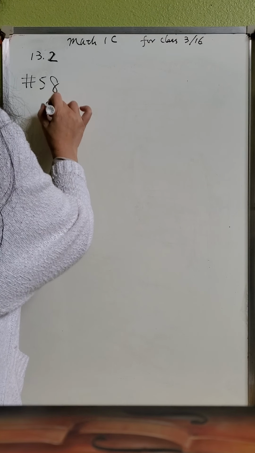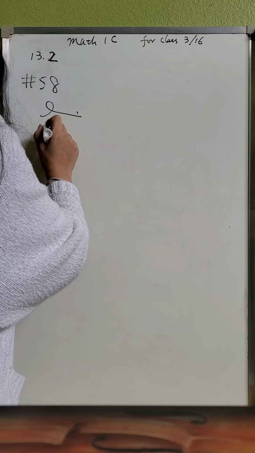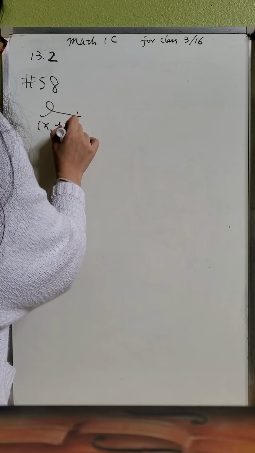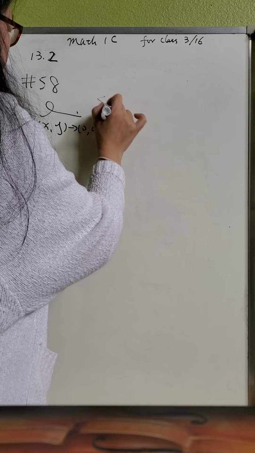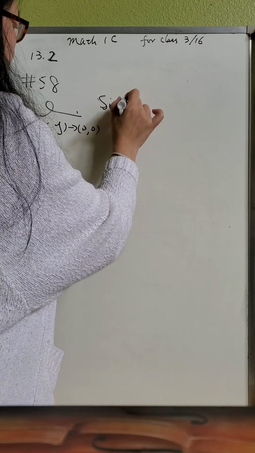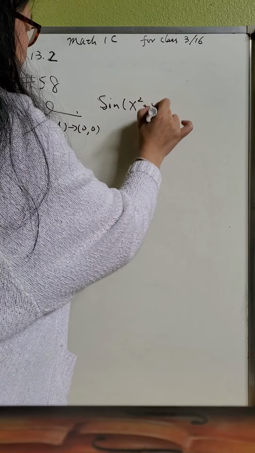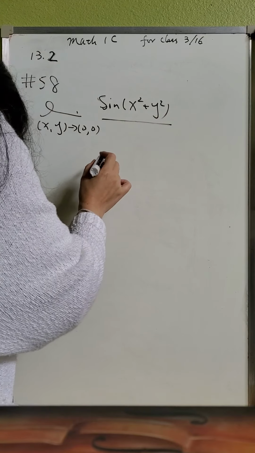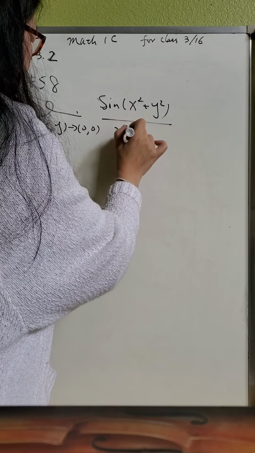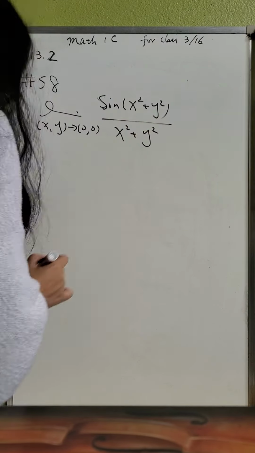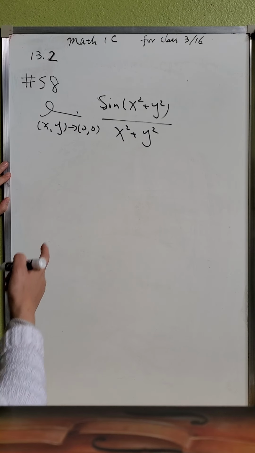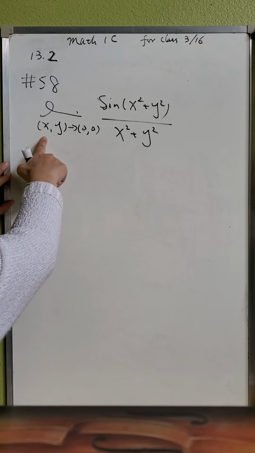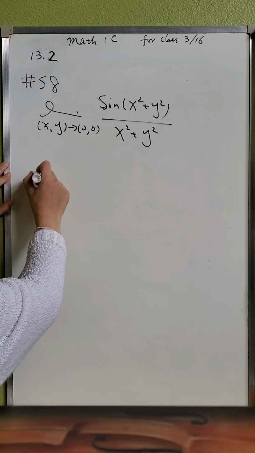We have the limit as (x, y) approaches (0, 0) of sine of (x squared plus y squared) over (x squared plus y squared). And how do we do this? By using the polar approach. So we're going to do the same thing, okay? Our (x, y) goes to (0, 0), that means r goes to 0.